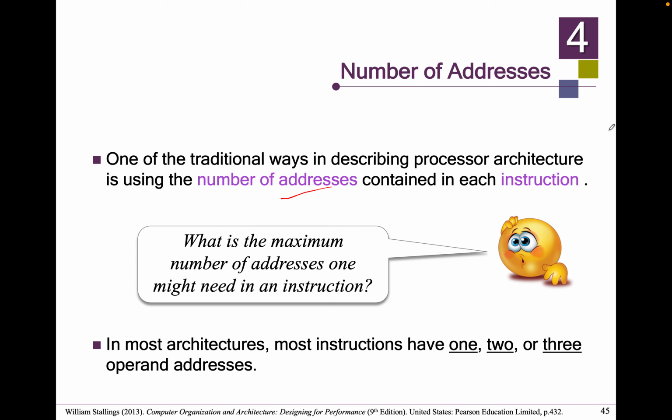If two, if three. So what is the maximum number of addresses that might be in any one instruction? Mostly in one instruction, you're going to have one, two, or three operand addresses. Sometimes you don't even have any operand. I think last time you already learned this.